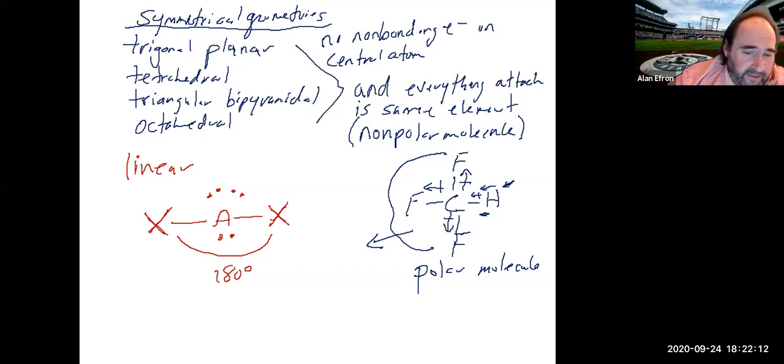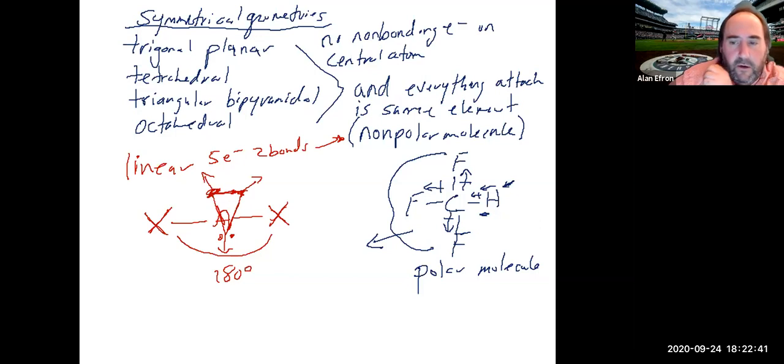And if you look at the non-bonding electrons, they make that triangle type shape, which means even the non-bonding electrons are going to pull kind of equal and opposite of each other, and they're going to cancel each other out. So this is one exception where you can have dots on the central atom and still be nonpolar. So the 5 electron pairs and 2 bonds version of linear will end up being nonpolar if both of those things are the exact same element.